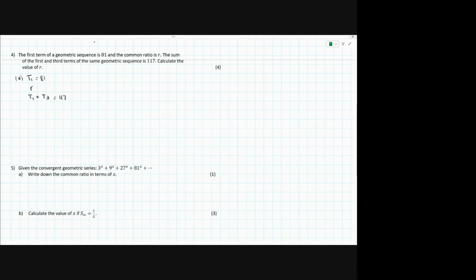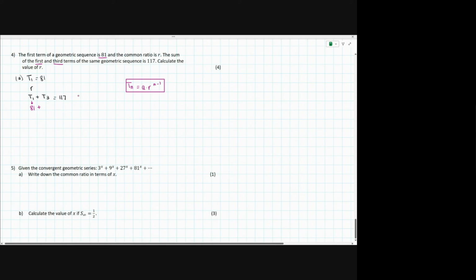Now, remember that the formula we have for Tn of a geometric sequence is a times r to the power n minus 1. And because we're working with term values here, we need to work with this formula. How do I know I'm working with term values? Because it says the first and the third terms. The first term is 81. All right, so we know that T1 is 81, so I can substitute that in immediately.